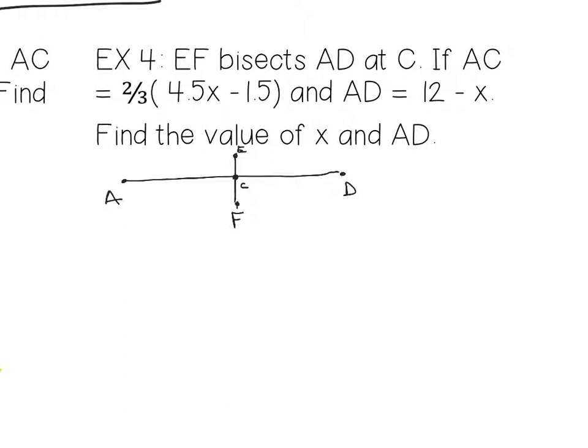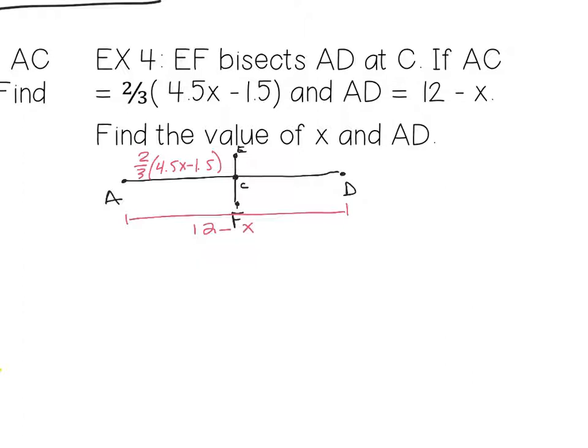All right, so looking at this, I know that AC is 2/3 times 4.5x minus 1.5, and that AD, so the entire thing, is 12 minus x.